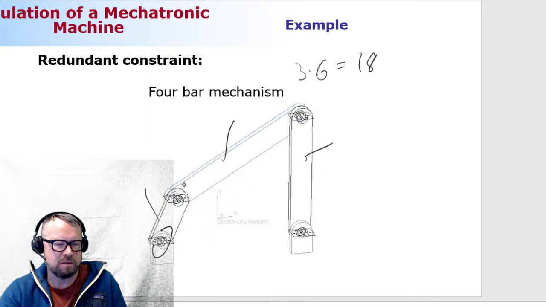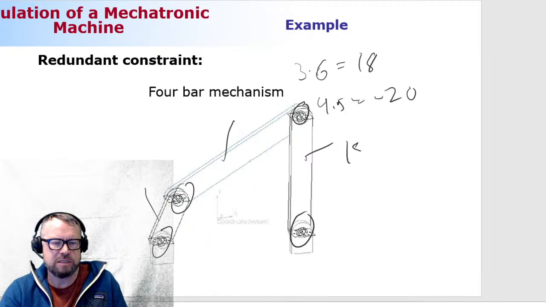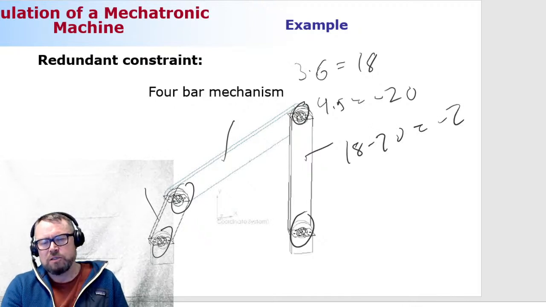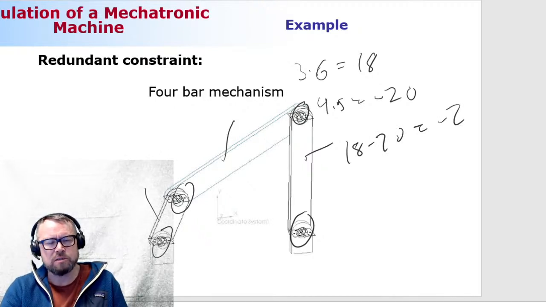Then we have here 1, 2, 3, 4 revolute joints. 4 multiplied by 5 is minus 20. So 18 minus 20 is minus 2. So this is a redundant system.